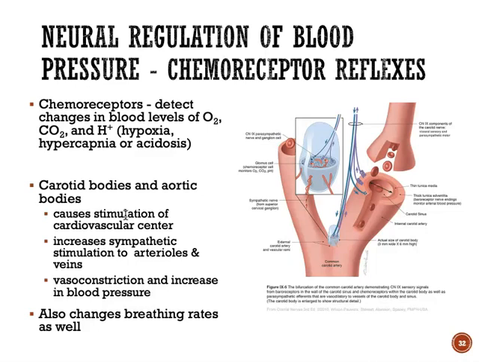And again, right now in this section, we're talking mostly about heart rate and blood pressure, but really a lot of this will also involve our breathing rate too. They will also increase the sympathetic stimulation to arterioles and veins, which will then cause vasoconstriction and an increase in blood pressure. Okay.